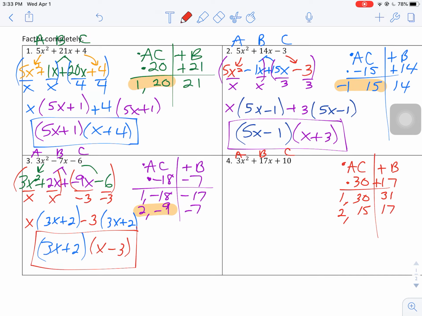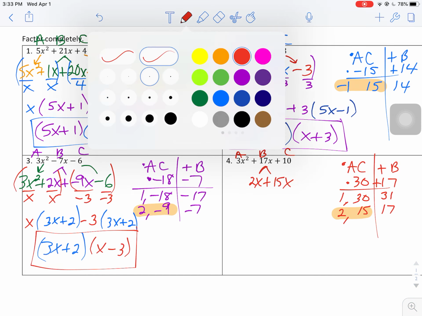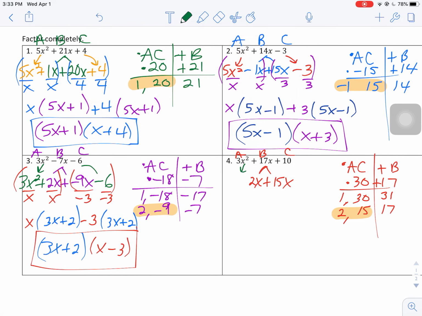So 30 divided by 2 is 15. 2 plus 15 is 17. There we go. We found the two numbers that work. So we're going to split that 17x into 2x plus 15x. We're going to drag down the 3x squared in the front, and then drag down the plus 10 in the back. Group the first two terms in parentheses. Group the second two terms in parentheses.